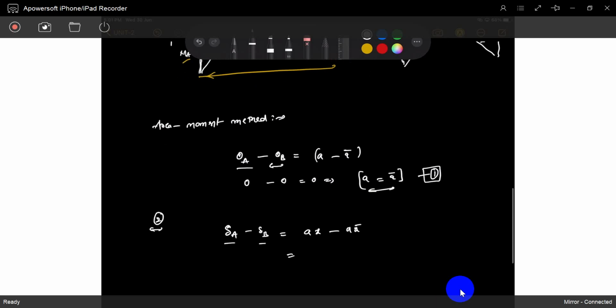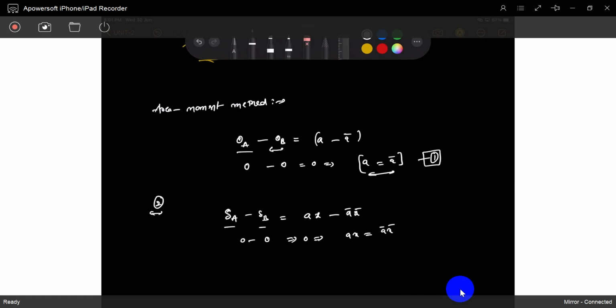If you already know these are 0 and 0, it will give 0. That means A x is equal to A dash x dash. So you already know A is equal to A dash. That means x is equal to x dash also. That is the extra two equations.